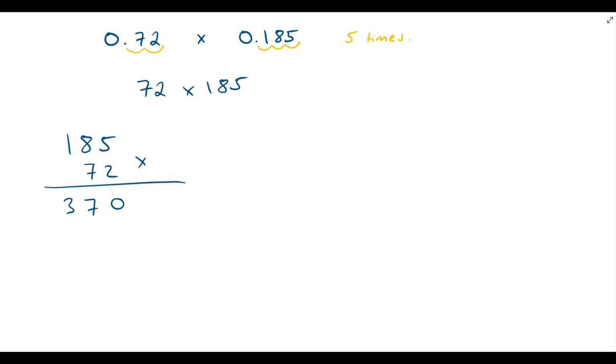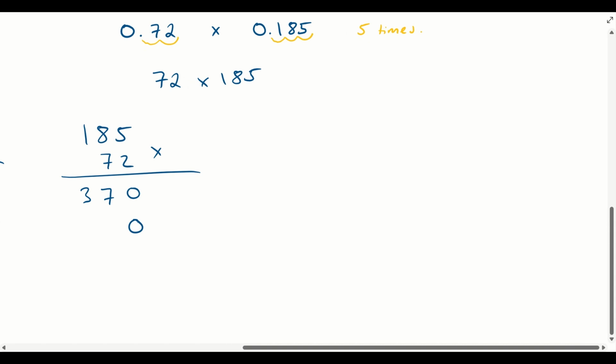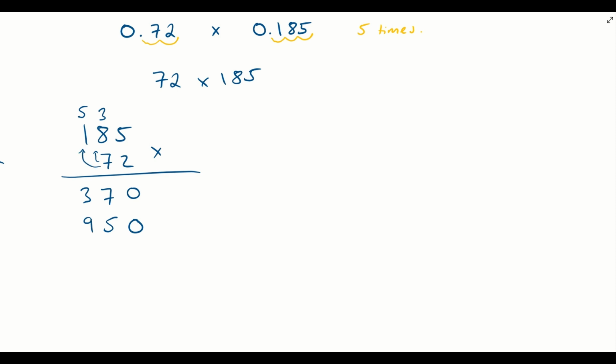Before we deal with the 7, we put our 0 in. 7 times 5 is 35, so carry the 3. 7 times 8, 56, plus the 3 is 59. 7 times 1 is 7, plus the 5 for 12. And we add these numbers up, we get 0, 7 plus 5 is 12, carrying the 1. 9 plus 3 is 12, plus the 1 for 13. 1 plus 2 is 3, and 1 plus 0 is 1.